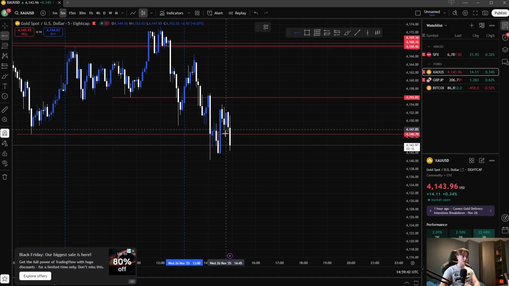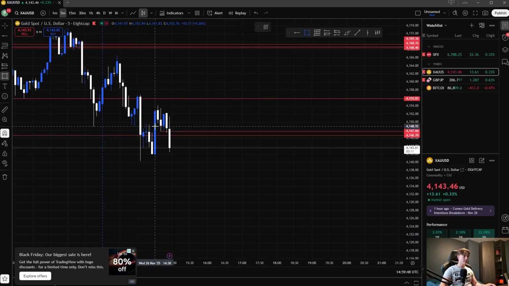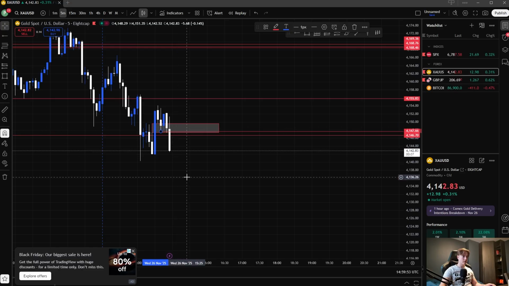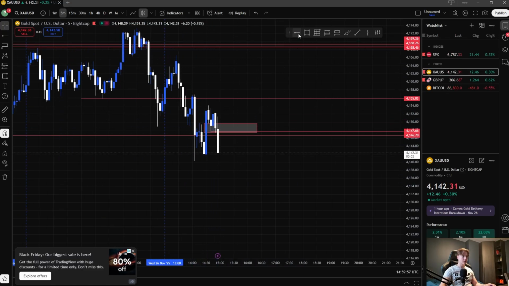A break of structure has yet to happen over here after this candle closes. If it does happen, it's going to be filling this inverse fair value gap over here. And actually, over here we can see another break of structure happening.